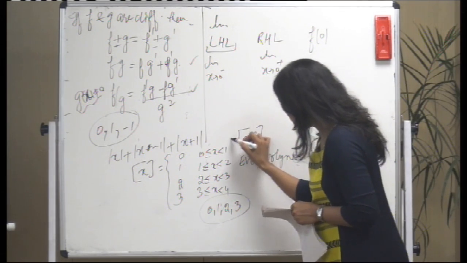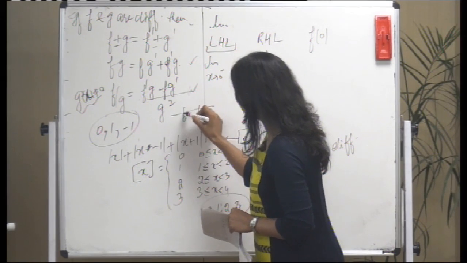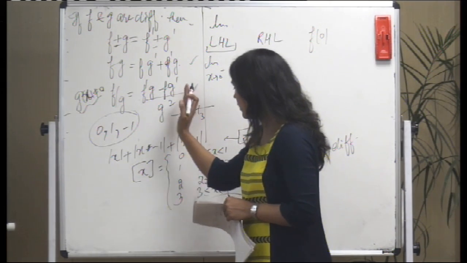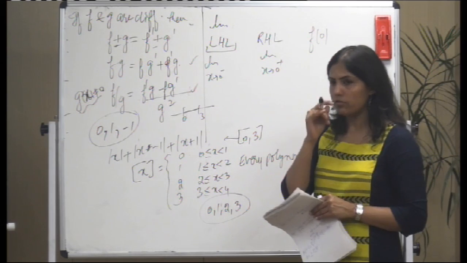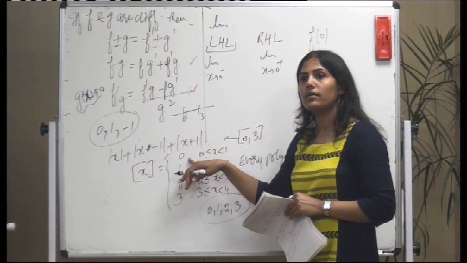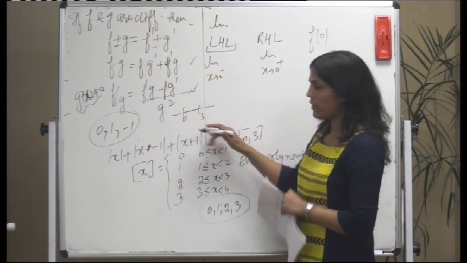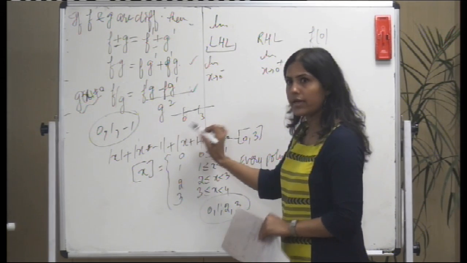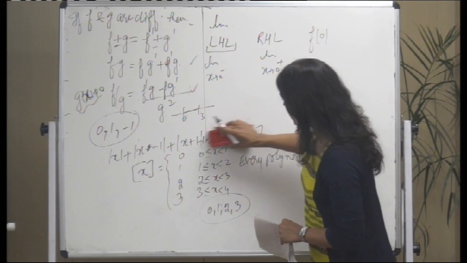So I have to check continuity from 0 to 3, and points on the left of 0 I am not bothering about. So it is wrong to say that this function is discontinuous at 0. But if I extend this interval, then I can say it is discontinuous. But just see the situation and then answer.